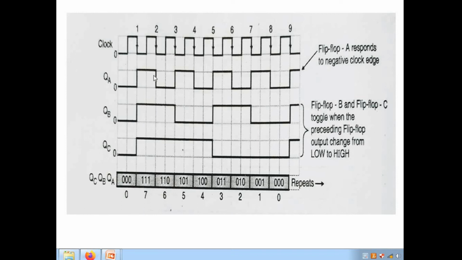For this flip-flop, see this. When the preceding output changes from low to high, it changes its state from high to low. Here, in flip-flop C, the output changes when the preceding flip-flop changes from low to high. So we get this output like this.